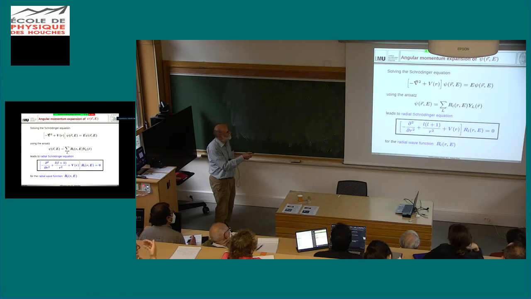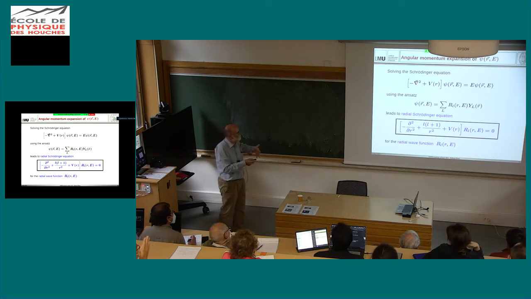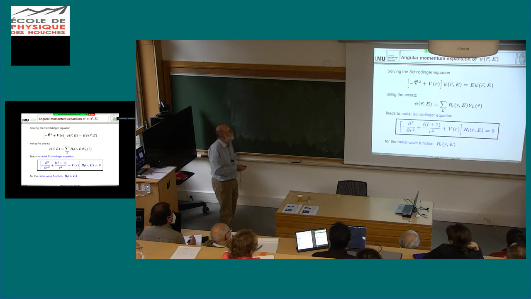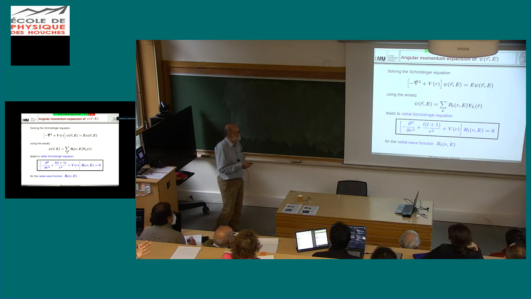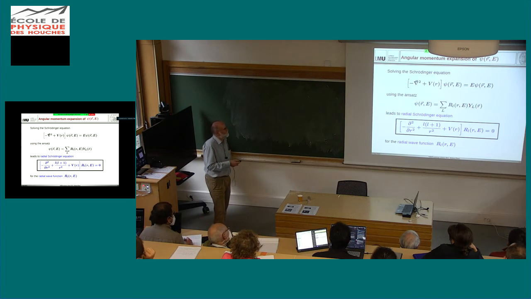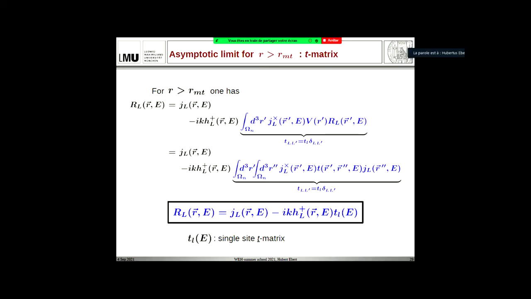That means we get that function straightforwardly, at least concerning its radial part, by solving the corresponding radial Schrödinger equation. But what is missing is the information how this function is to be normalized. We cannot normalize it just to 1, that doesn't make any sense. We have to normalize it properly in line with the scattering boundary conditions.